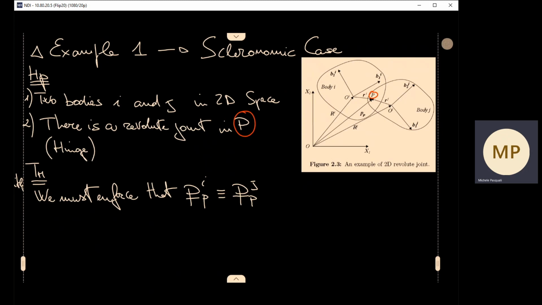So in terms of vector equation, how can we rewrite this?